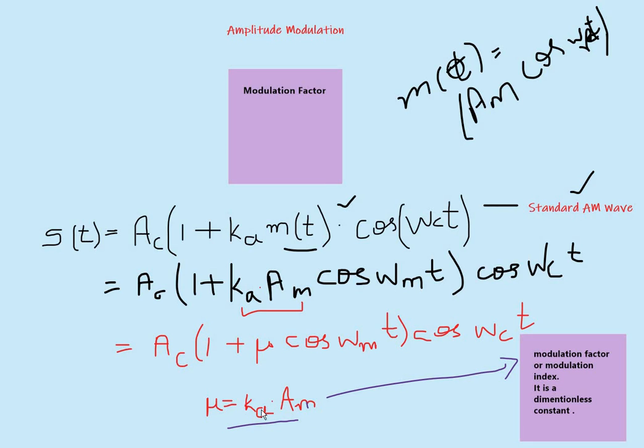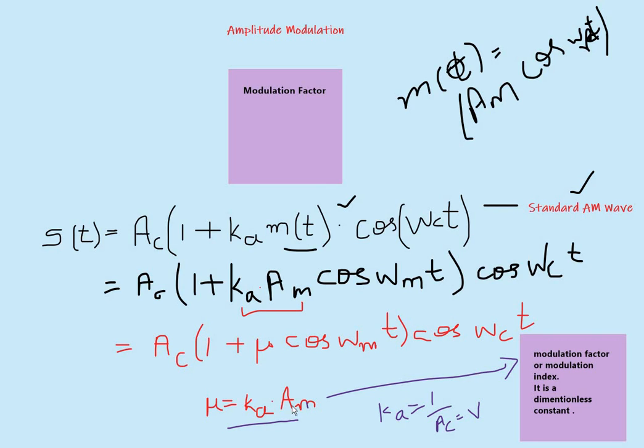Now why? What was this Ka? In the previous few minutes, I told you Ka was the amplitude sensitivity, which was 1 by Ac. Now the amplitude of Ac, let us suppose, is in volts. Now what will be the amplitude of Am?